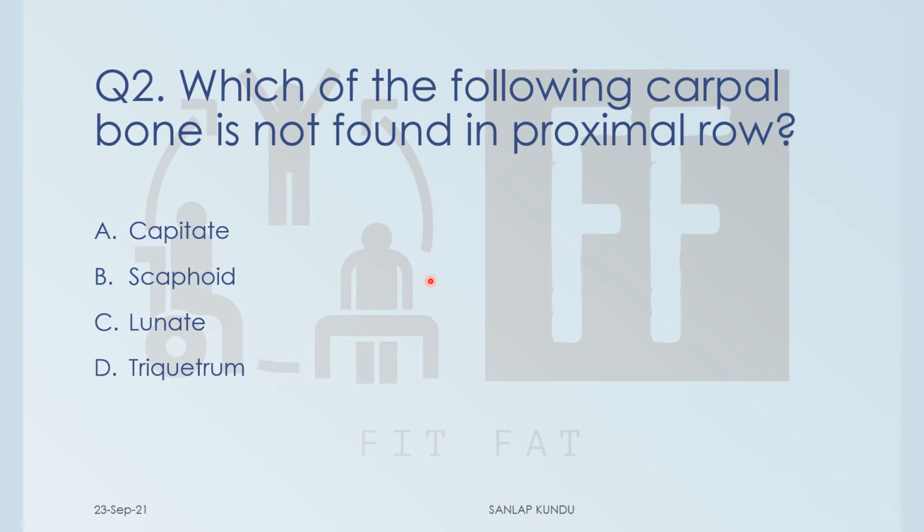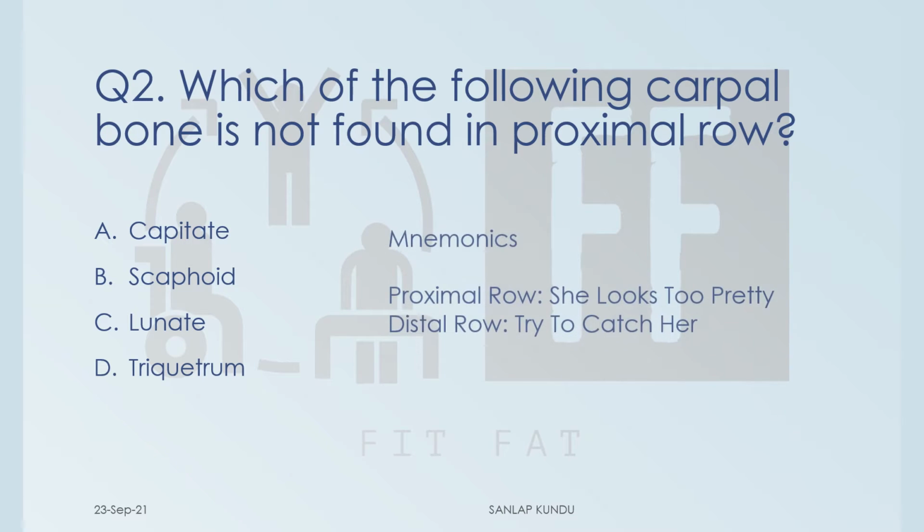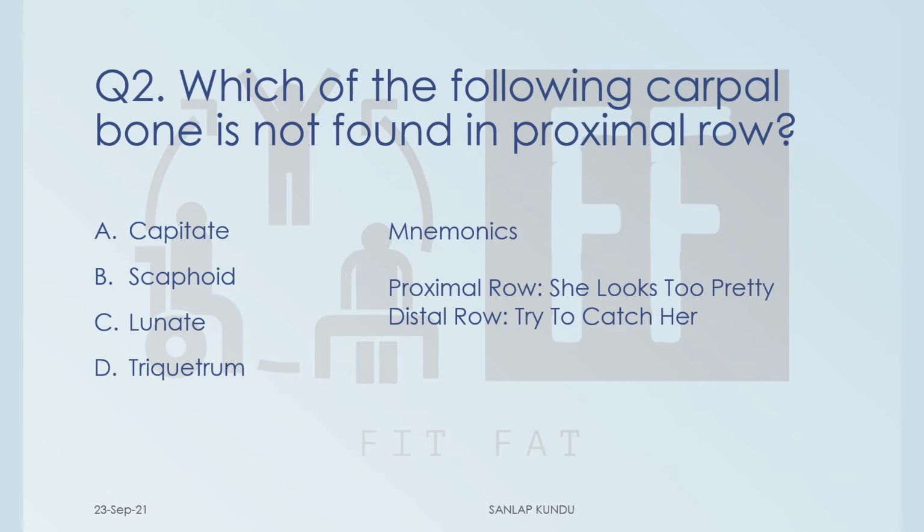To remember which bones are in the proximal row and which bones are in the distal, there is a mnemonic, right? Let's see that. Okay, the mnemonic for the proximal row is "she looks too pretty", and for the distal row, "try to catch her". Okay, now let's see this in the figure.